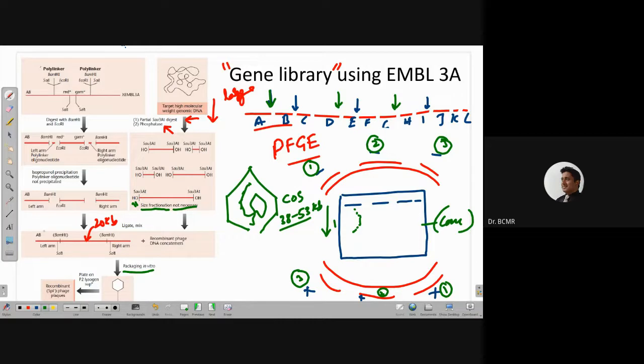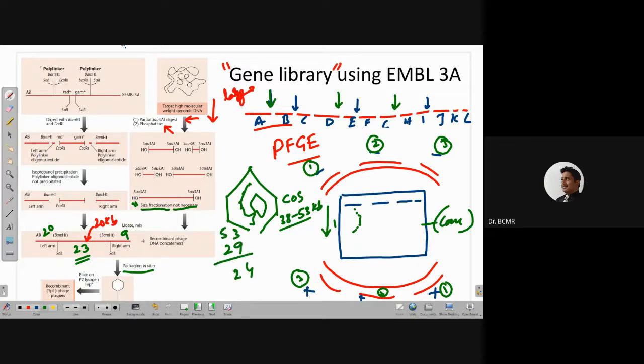So if we said that the left arm is 20 kb and the right arm is about 9 kb, how much more can be put in? Maybe we can put around 22 or 23. Is that right? Something like that, approximately. The vector fragments alone, how much did we have?